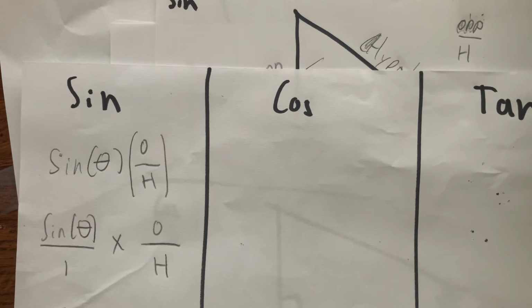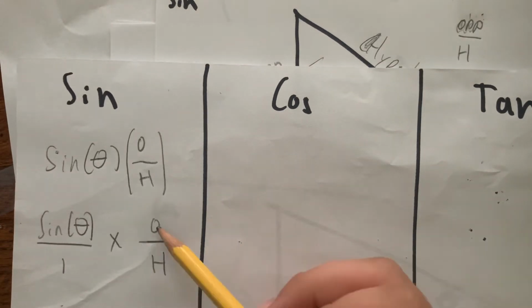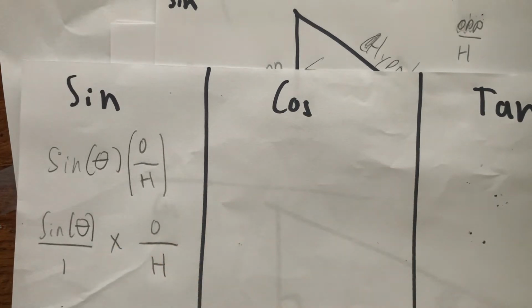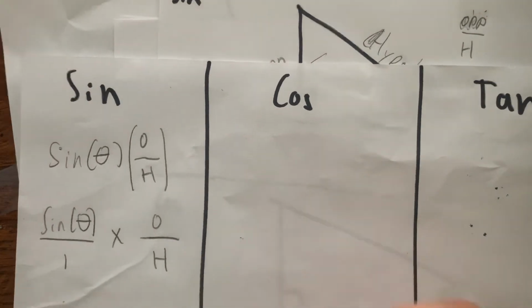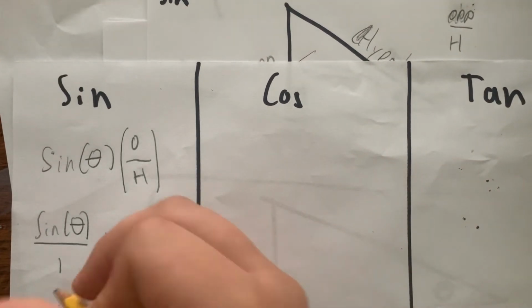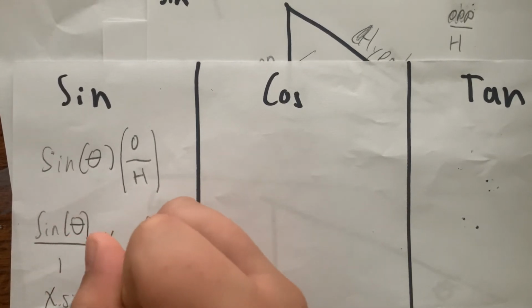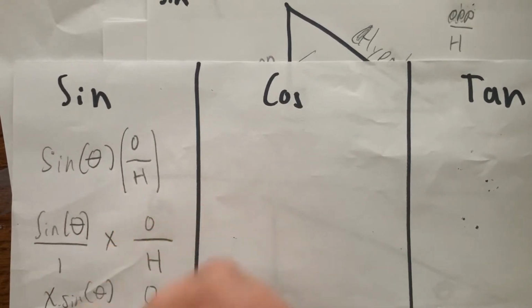So if you are trying to find out your hypotenuse, you put an x there, and then you'd multiply sine by x, and then the opposite by 1, which would still be the opposite, and then you'd have x sine with your theta, which is always going to be your known angle, or else you can't do it. You can't do the equation.